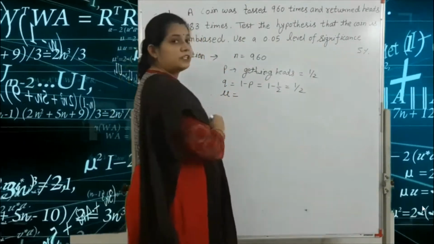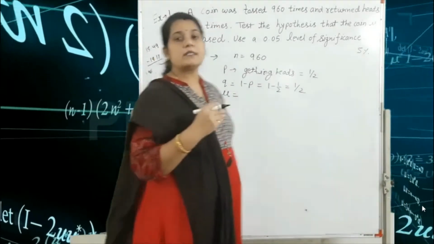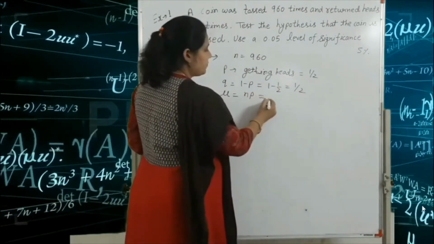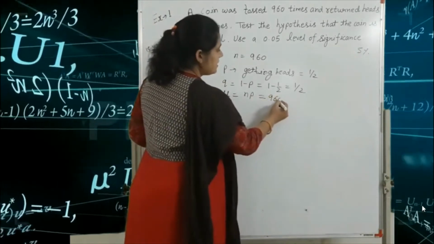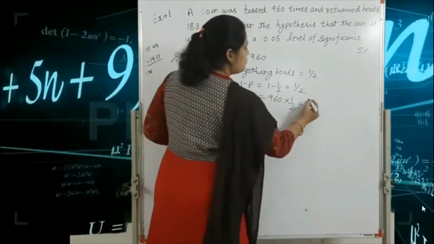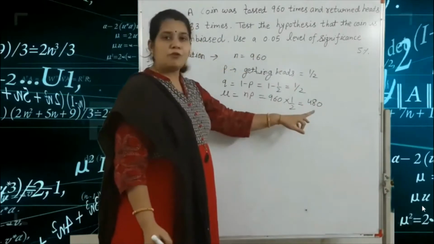Mu is equal to the mean. What is the formula of mu? We have already seen in the binomial distribution, mu is equal to np. Here n is equal to 960 and p is equal to 1 by 2, that means 480. So our mean is 480.